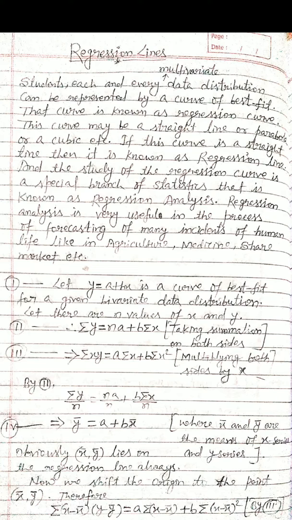If you see examples, suppose we go for correlation. If there are two students, the marks of one student are not dependent on the marks of another student, but if we want to test intelligence, what's the correlation between the marks of these two students, then we go for correlation.